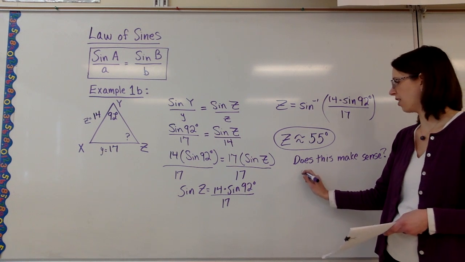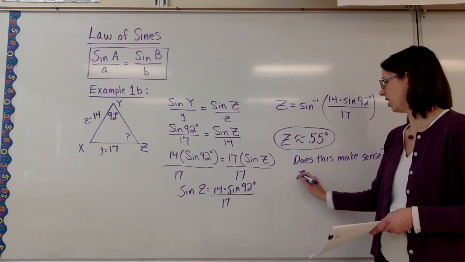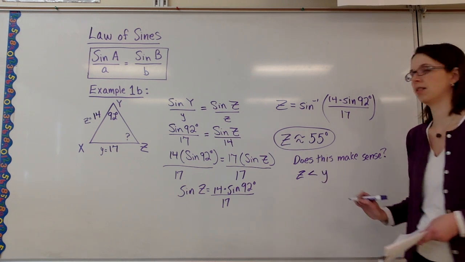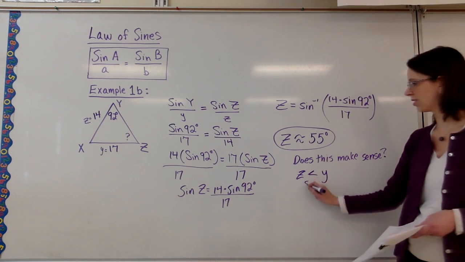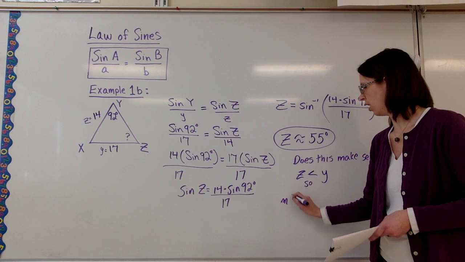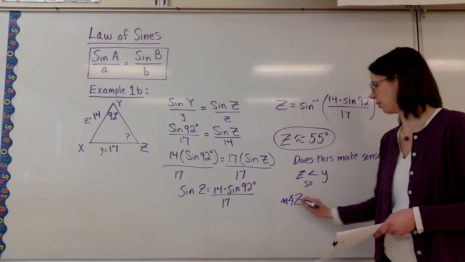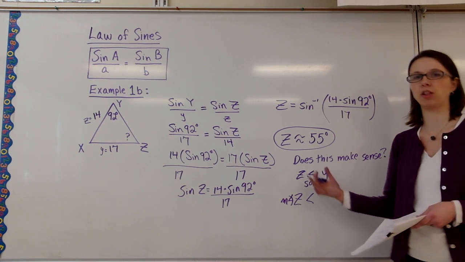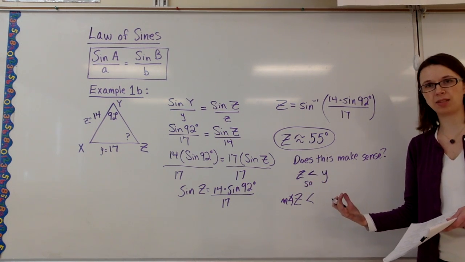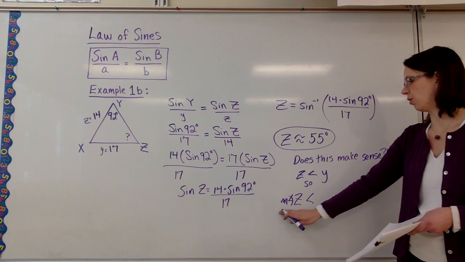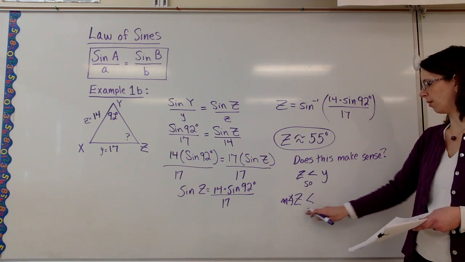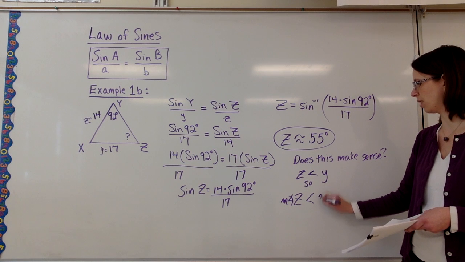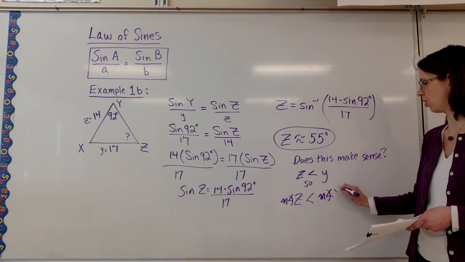The side information that we have is that little z is less than little y. And so if that's the case, the measure of angle capital Z should also have that same relationship, because remember, the larger angle is always opposite the larger side. So the measure of angle Z should be less than the measure of angle capital Y.